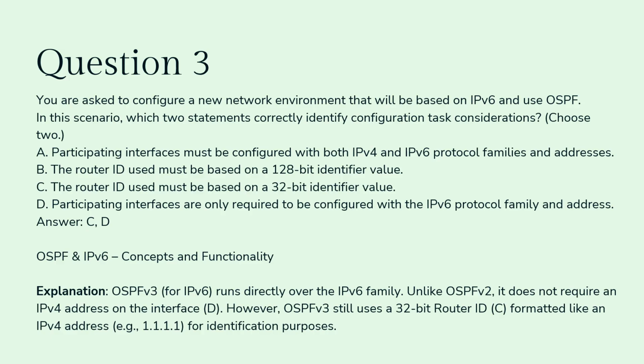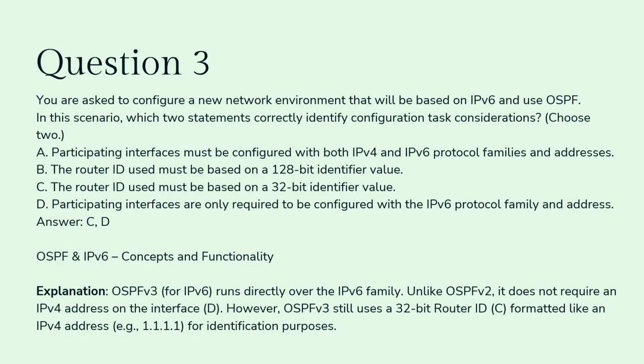B. The router ID used must be based on a 128-bit identifier value. C. The router ID used must be based on a 32-bit identifier value. D. Participating interfaces are only required to be configured with the IPv6 protocol family and address. Answer: C, D. OSPF and IPv6 concepts and functionality.